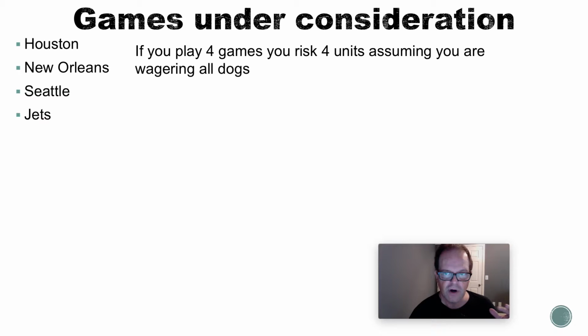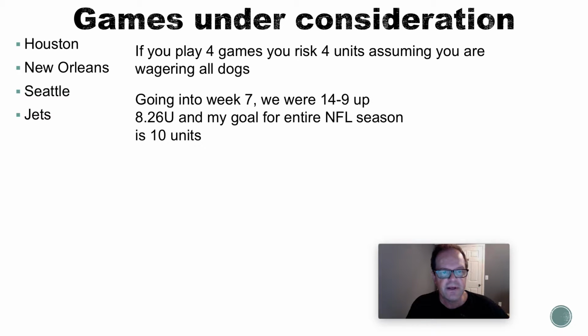When you are placing wagers, you have to consider your risk. What that means is, if all four of these teams lose, and that is always a possibility, we are down 4 units. And if we're playing them on the spread line, we're down 4.4 units.